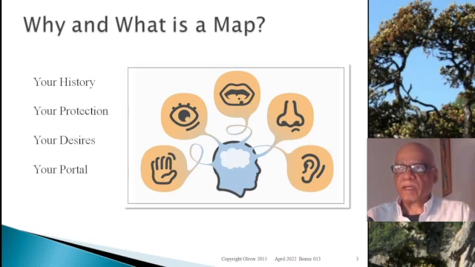The other part of once you feel safe, and this is important because none of this really happens until you feel comfortable and safe. That's why meditation is so important. So the third component then of a map is it has all of the things that you feel are important, your desires.